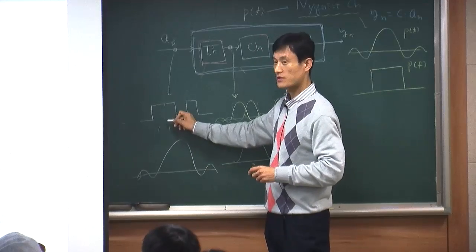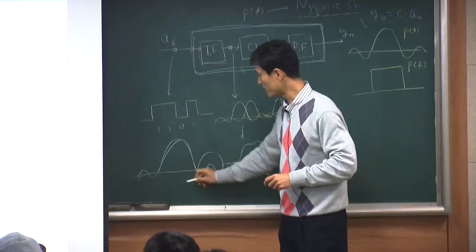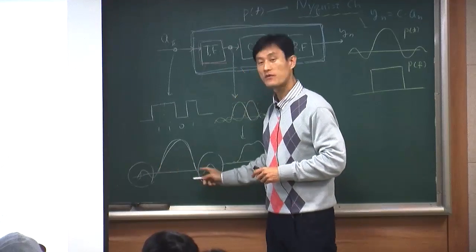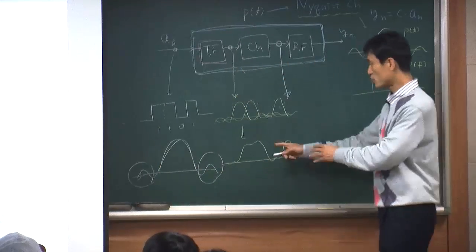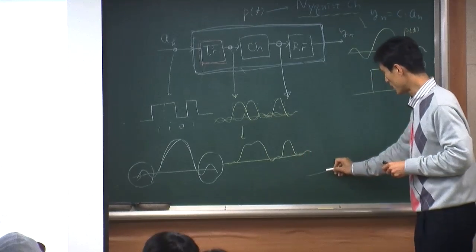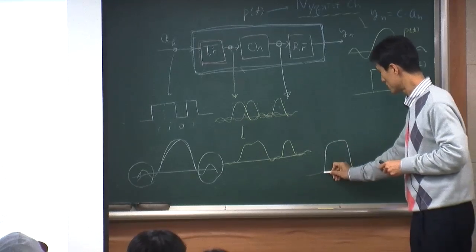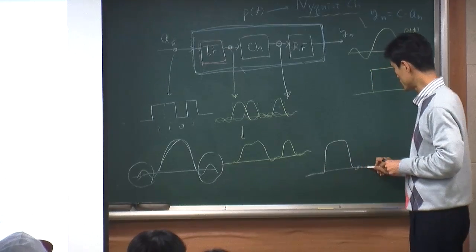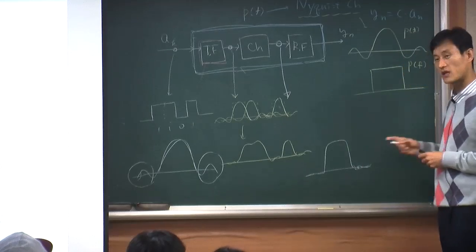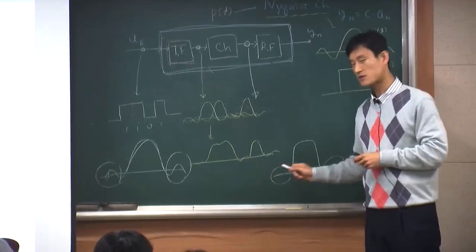Because this is rectangular, in the frequency domain it's going to be a sinc function, so you have a lot of energy out of band. But when you shape it like this and plot it in the frequency domain, your spectrum will look like this. So you have very, very little out-of-band spectrum.